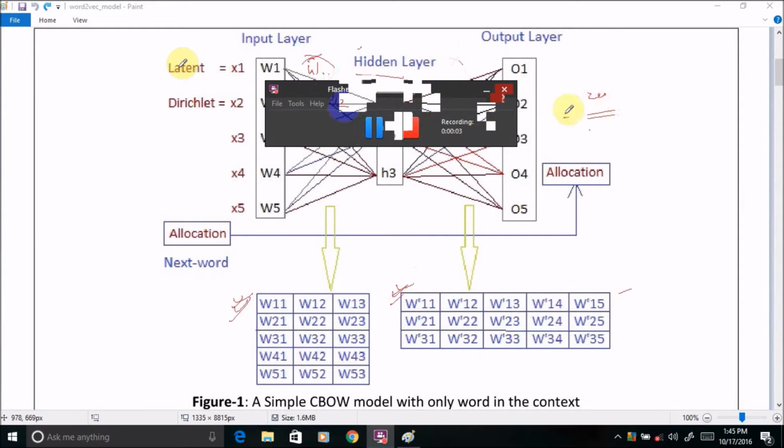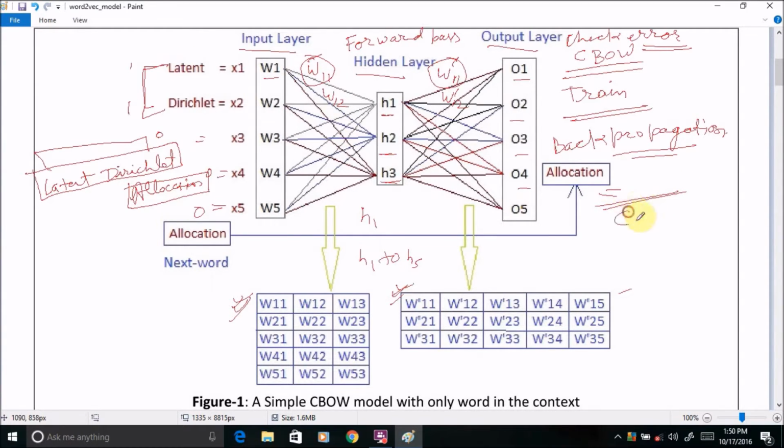After getting the optimal weight of all the neurons, we can use this trained CBOW model to predict the next word for the given sequence.